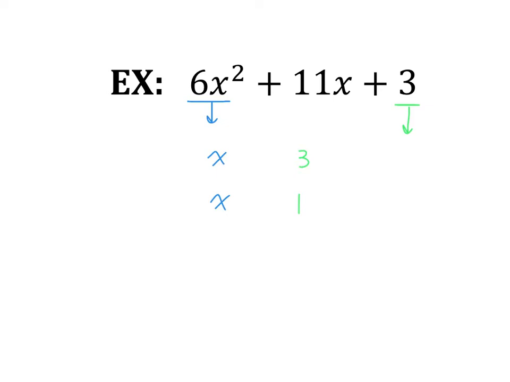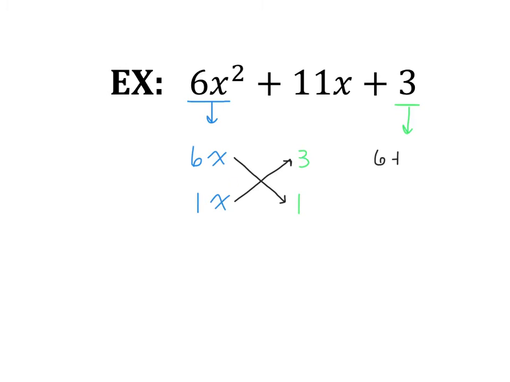So what I want to do in this first section here with these x's is I want to come up with different values for products of 6. So maybe we try 6 and 1, okay? And when we cross multiply, because that's how our factors would work, I would have 6 times 1, which is just 6, plus 1 times 3, all right?